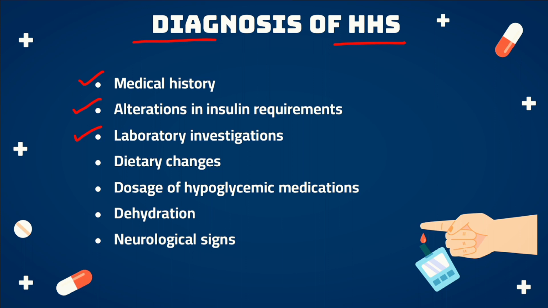If there is a change in the dietary pattern of the person, if there is a need to change the dosage of hypoglycemic medications the person is taking, if a dehydration-like condition is seen in the patient, and apart from that, if some neurological signs are seen in the patient which we have already discussed, by this method we can diagnose HHS.